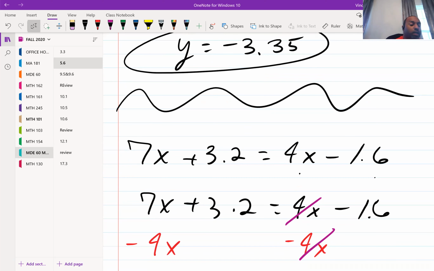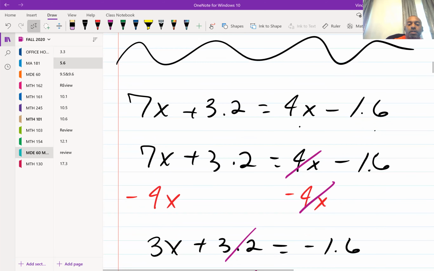Subtract 4x from both sides. 4x is canceled on the right side of our equation. On the left side, we have 7x minus 4x, which is 3x. So that's 3x plus 3.2 equal to negative 1.6. Make sure you hold true to the minus signs. Still there.